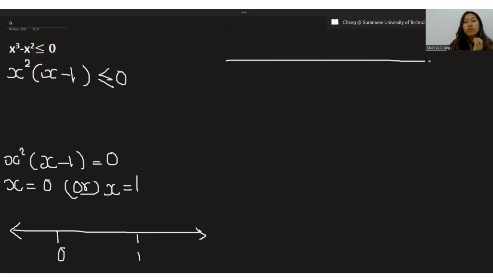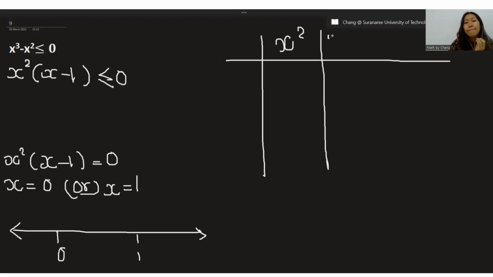All right, so here is the interval: x squared, x minus 1. Here, you have to multiply x squared into x minus 1. All right.